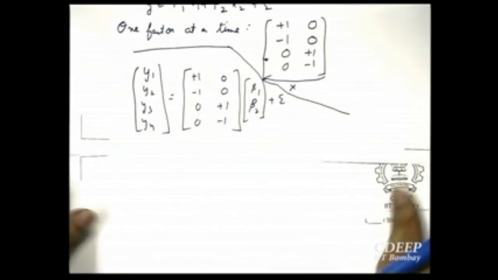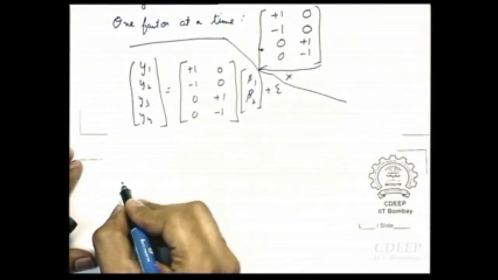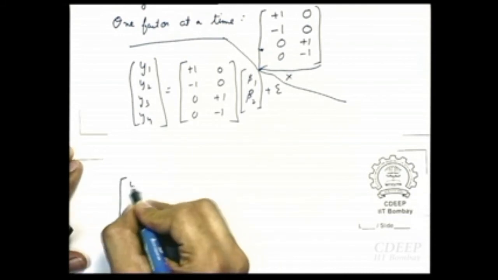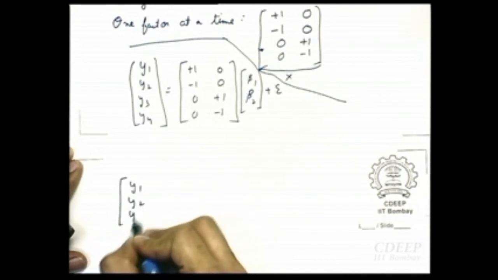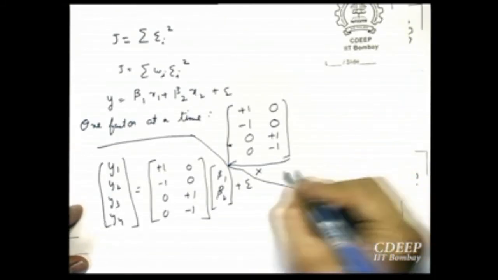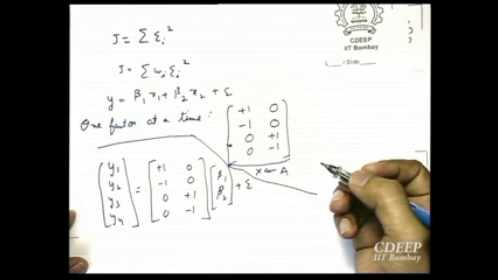If I were to perturb them together, the factorial design idea, what is my corresponding matrix? I am sorry for the notation; this matrix X is what we had called A in regression earlier.